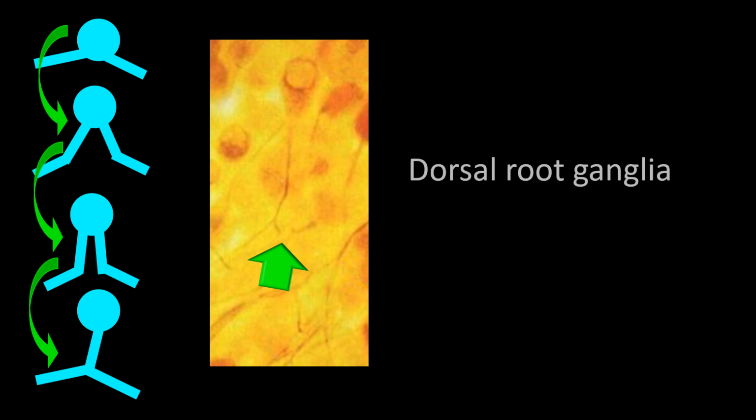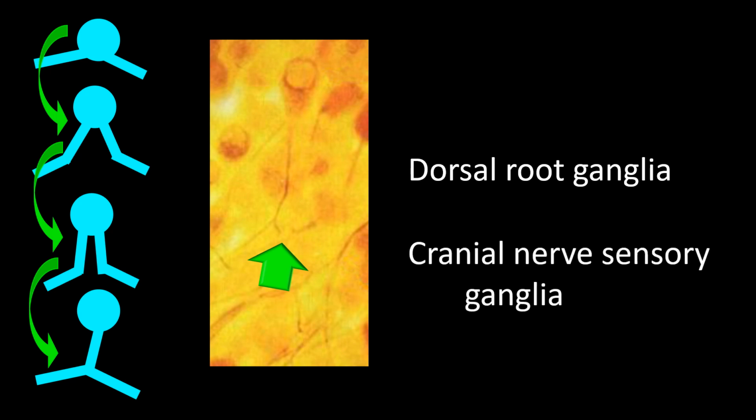Both processes behave like axons. In these neurons, we see a single neurite that divides into two processes. Pseudo-unipolar neurons are found in the dorsal ganglia and also in cranial nerve sensory ganglia.